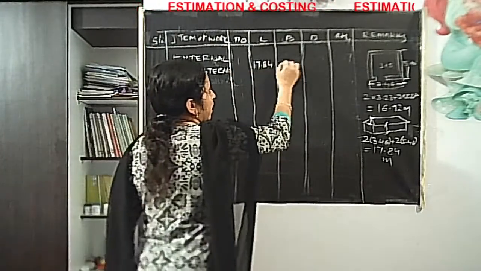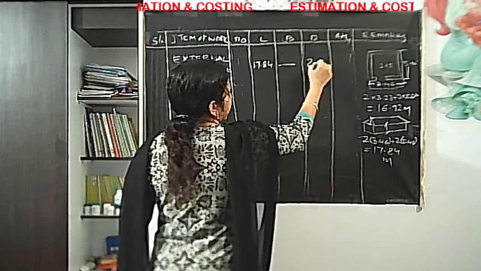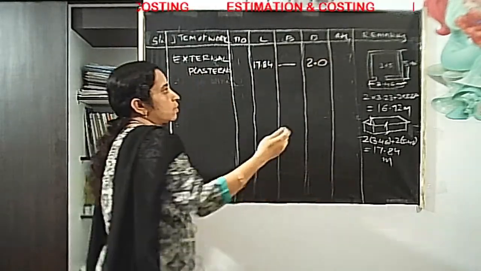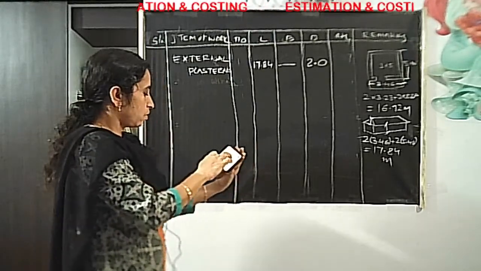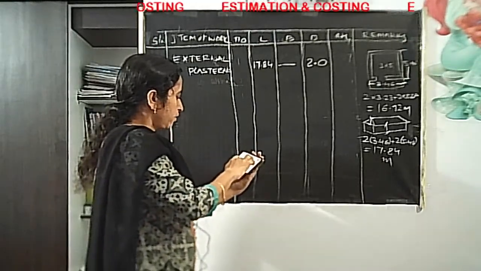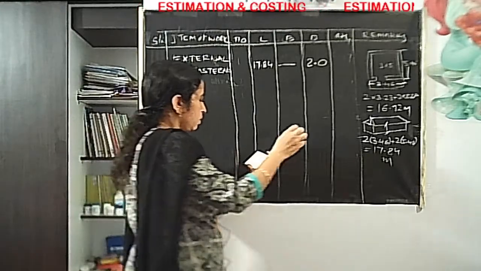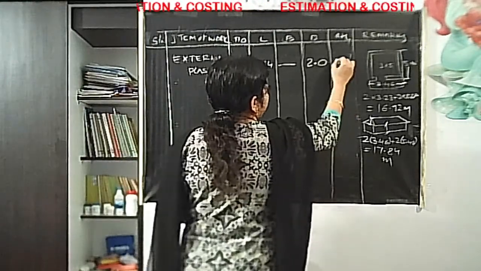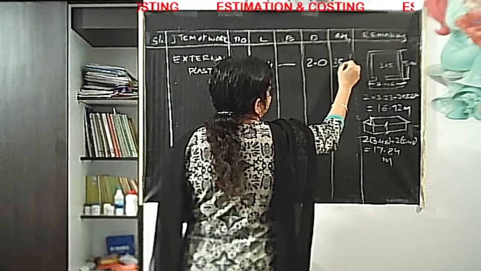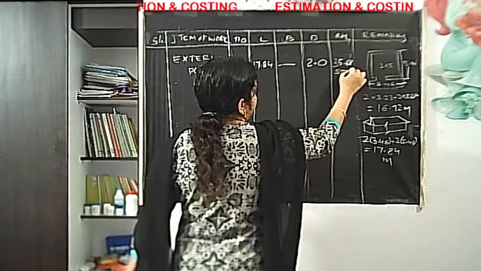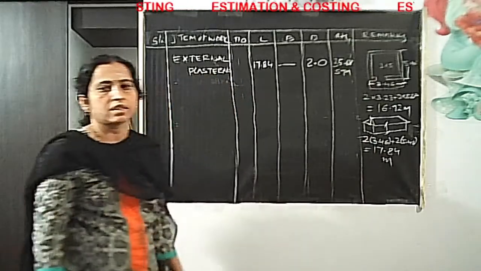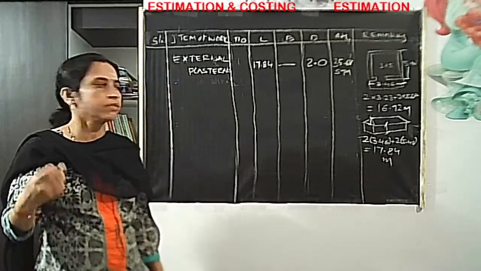So, we are not taking the breadth here, I am again taking 2 meters here, because we have not considered the gable yet. 17.84 into 2 is 35.68 square meter.